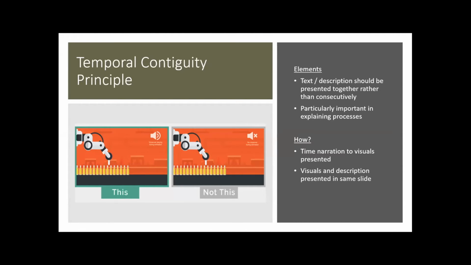For instance, if you put up an image, your description of that image or the narration that comes with that image should come together, not one after the other, right? And this is particularly important when you're explaining a process, right? So for that, you need to practice, so that the timing of what you say and what you show comes together quite nicely.